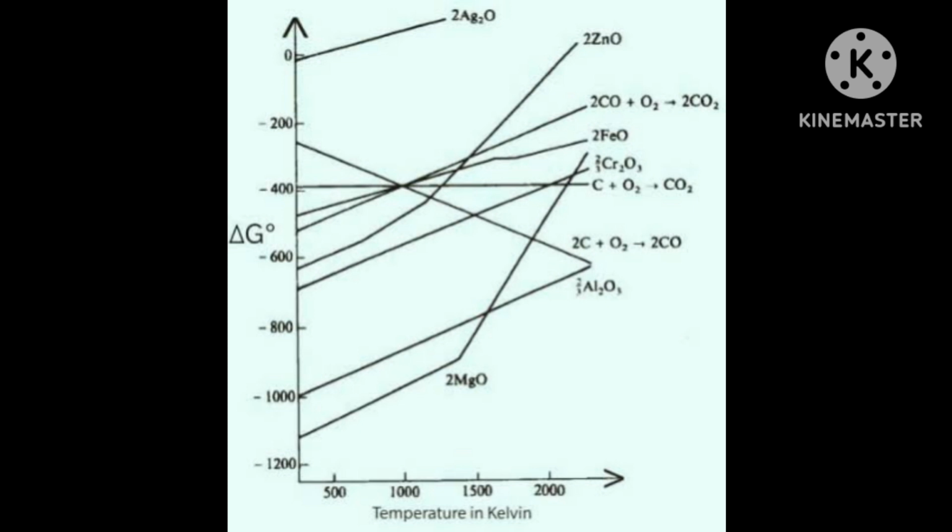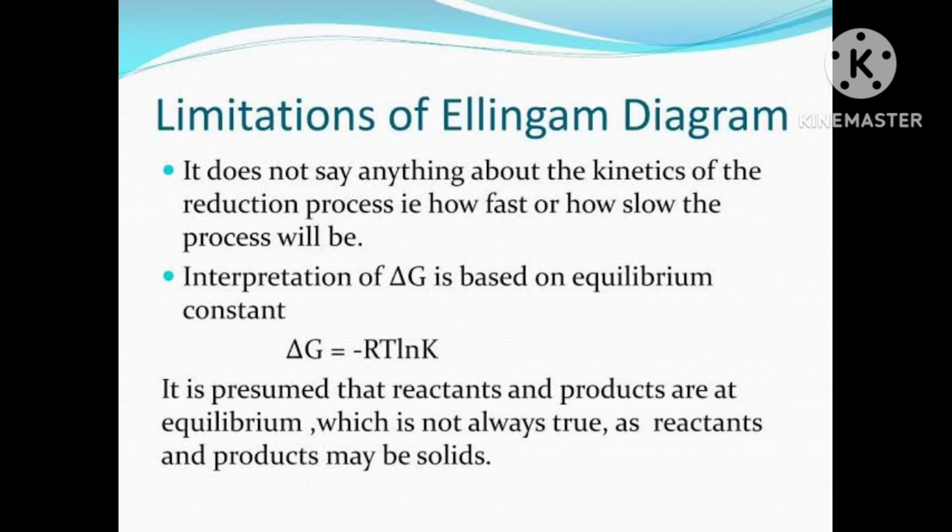Therefore, the temperature is chosen such that the sum of the standard delta G in the two combined redox processes, reduction and oxidation, is negative.